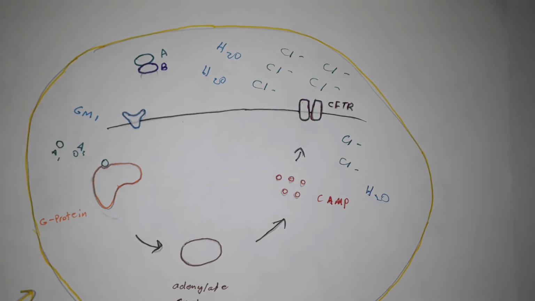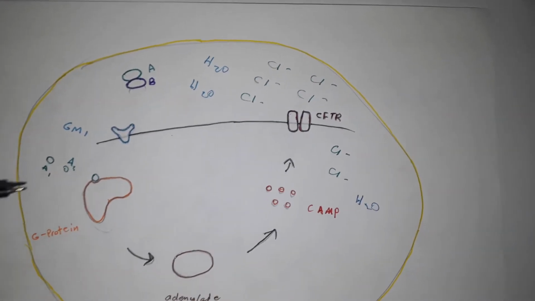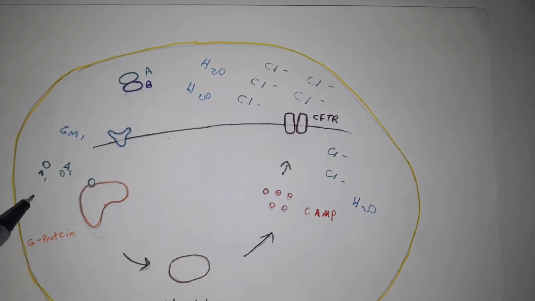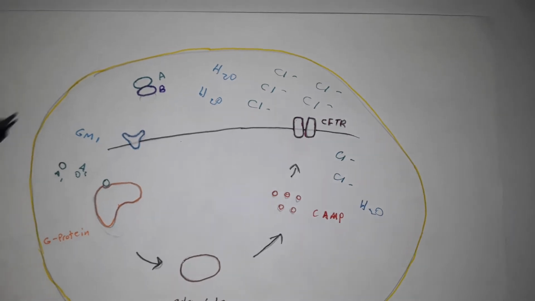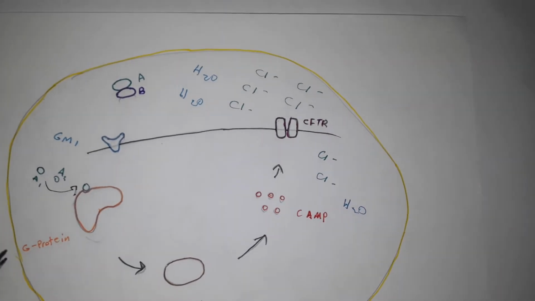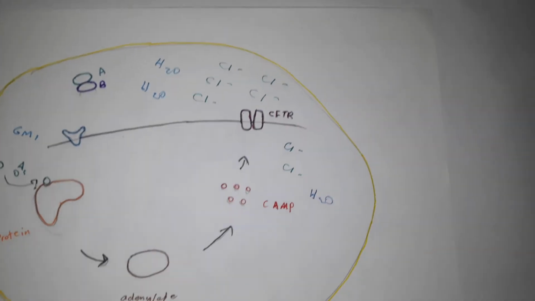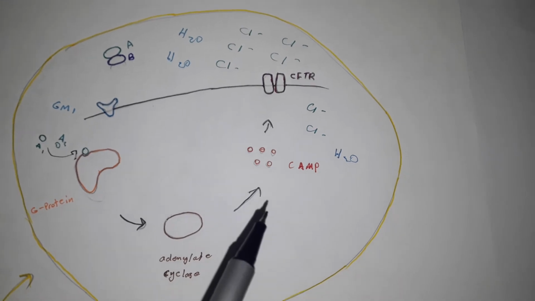Now, when it goes inside the cell, the A and the B subunit are cleaved, and the A subunit is cleaved again into an A1 and an A2 subunit. Now, the A1 subunit binds to the G protein, and when that happens, it stimulates adenylate cyclase to produce more cyclic AMP.